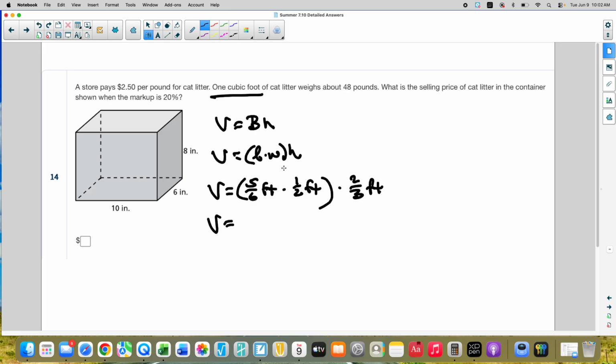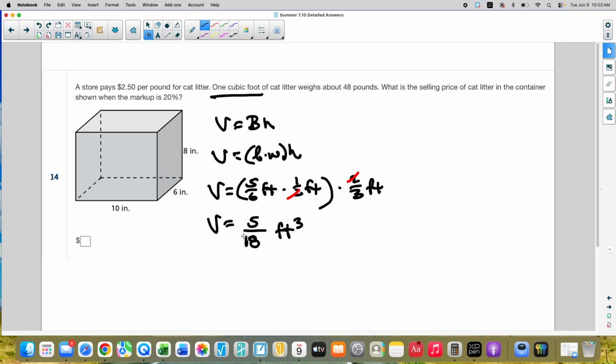So let's cross cancel some stuff. Denominator, numerator. That's it. So we're left with 5/18 of a cubic foot.